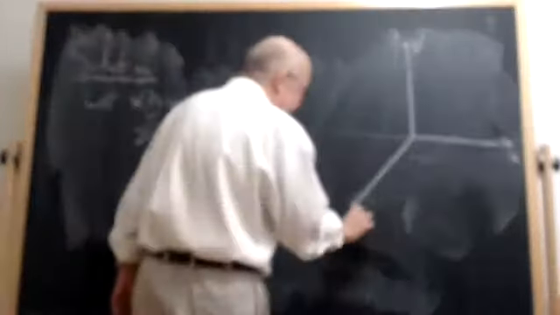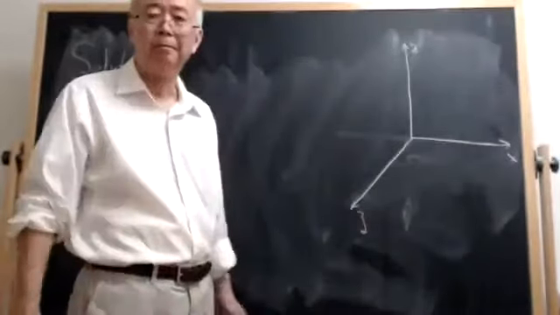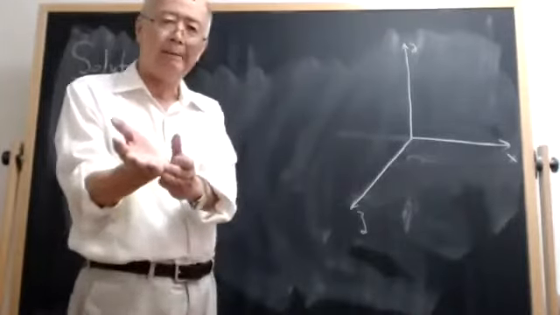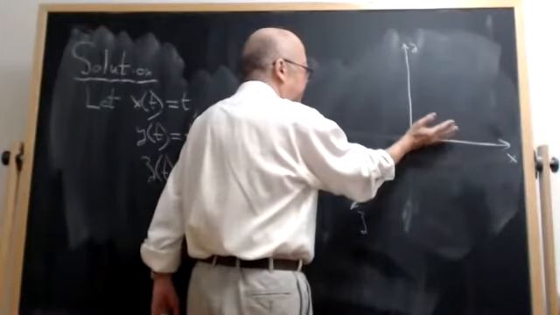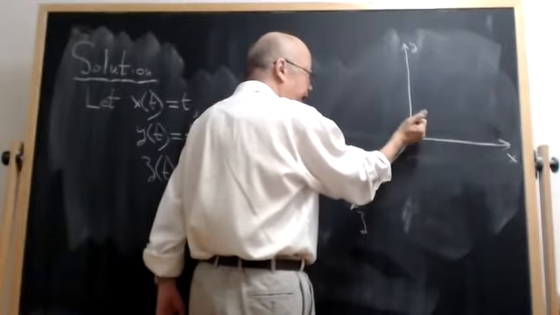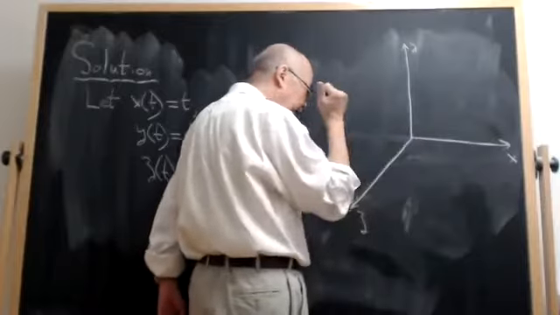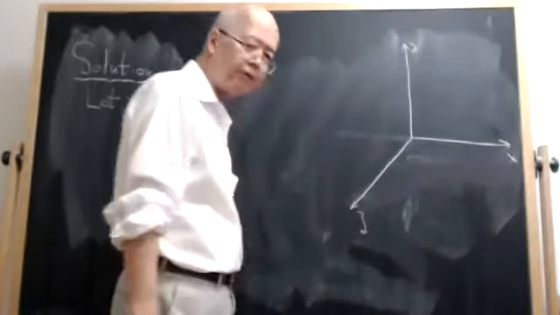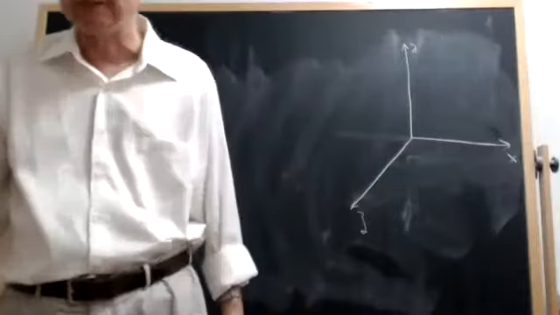So this is the z-axis. We use the right-hand rule. Put the rim of your palm along the x-axis, turn it to the y-axis, and your thumb would point out of the board. That's the right-hand rule that people use. Okay.